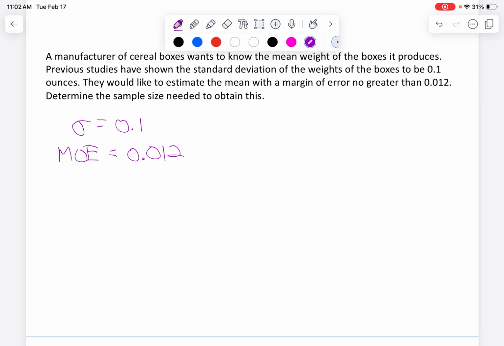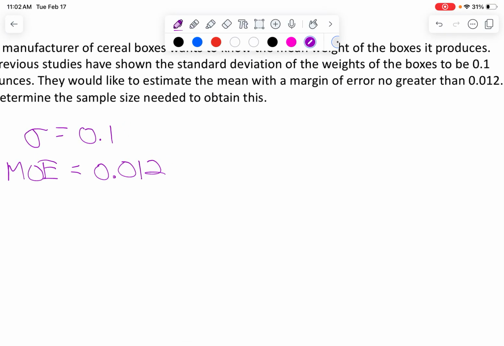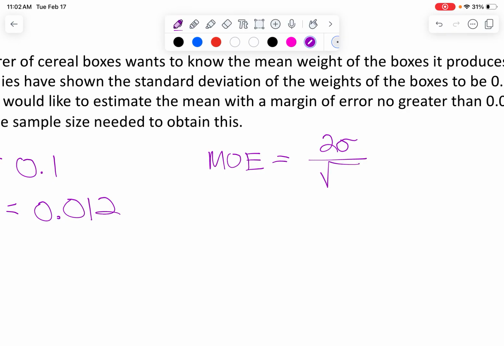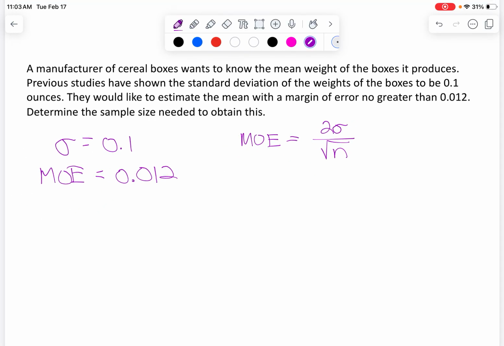Now, this is numerical data that they're collecting, the weight of boxes, right? So we know we're going to use the quantitative version of our formula. So MOE is equal to 2 times the standard deviation divided by the square root of n, the sample size.